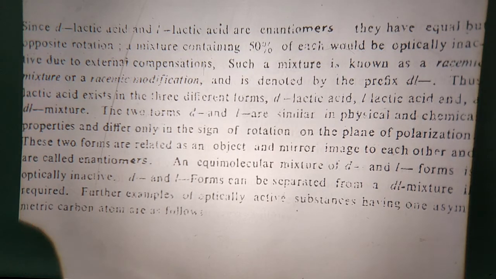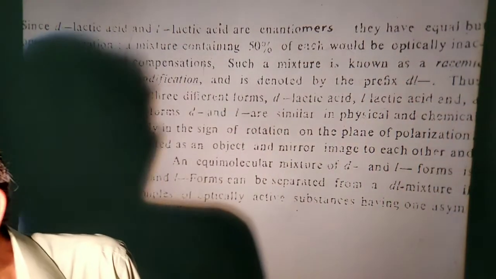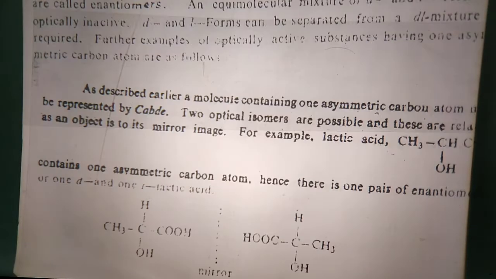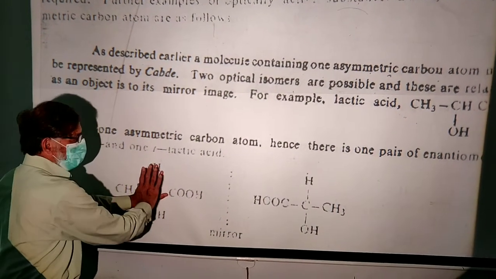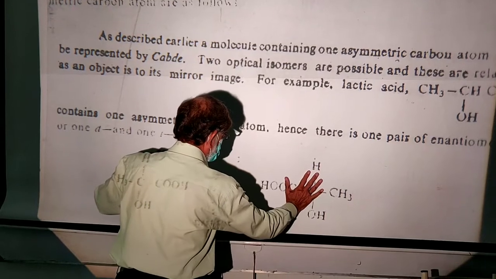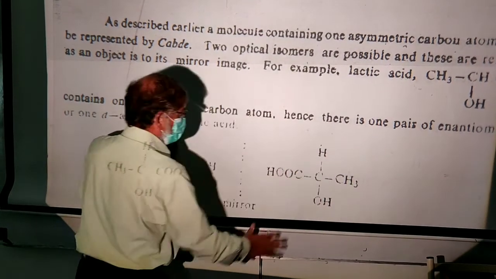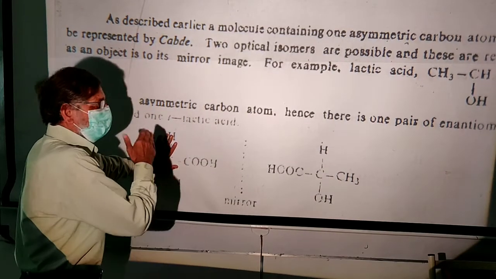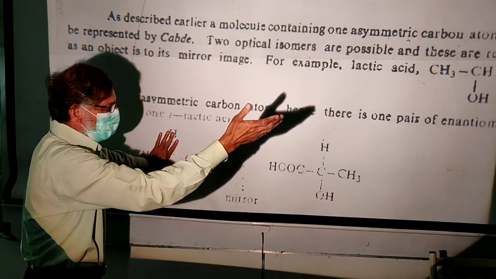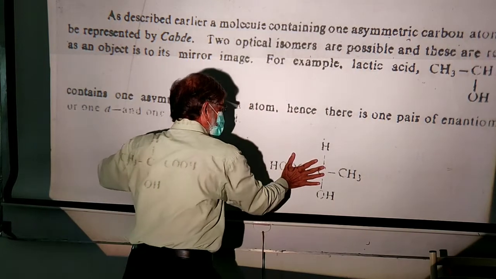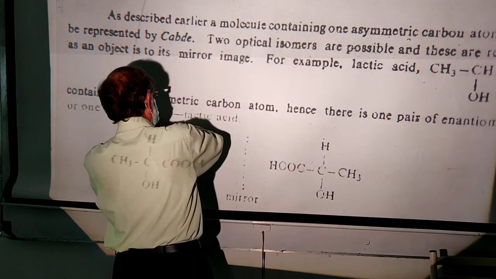Now I would like to explain it to you. If this is the D form and this is the L form, dextrorotatory and levorotatory, one can rotate plane polarized light 50% towards the left-hand side and the other can rotate the rest of the 50% towards the right-hand side.